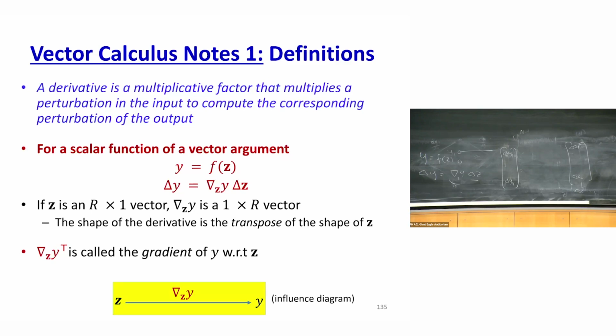But then what is the specialty of this matrix? You don't need to think of y as a vector. You can think of y as a vertical arrangement of scalars, correct? And in that case, what is the corresponding row of this weight matrix going to be? It's going to be just the derivative of this yi with respect to z.